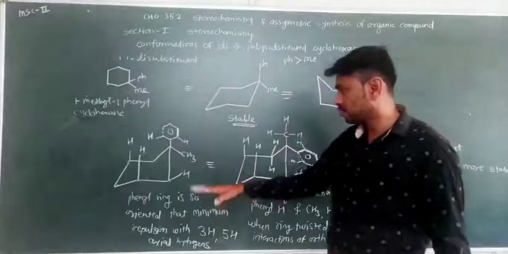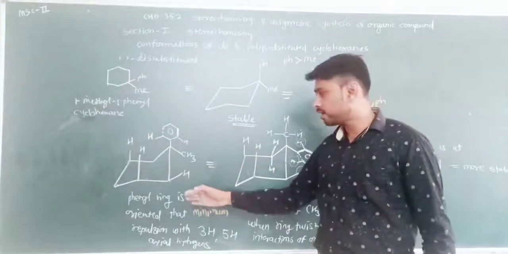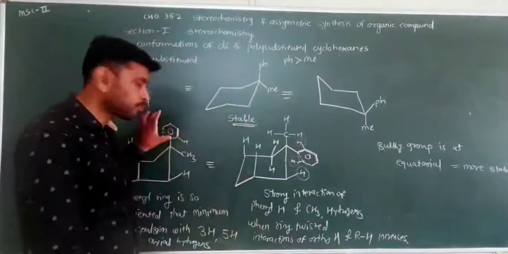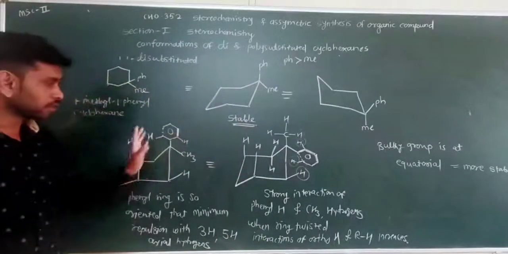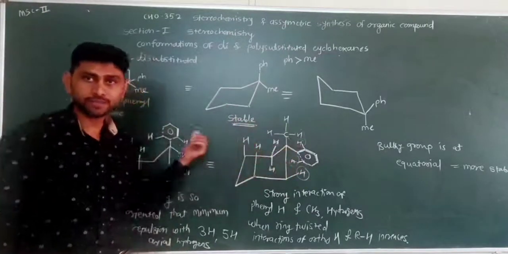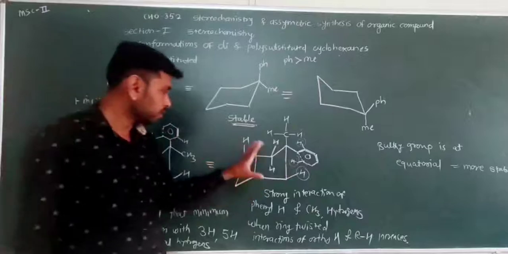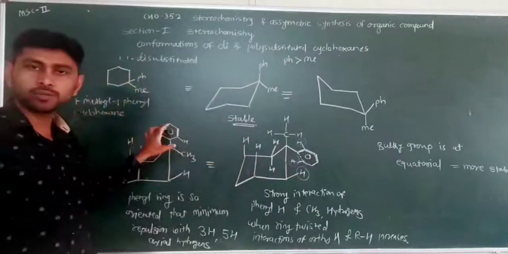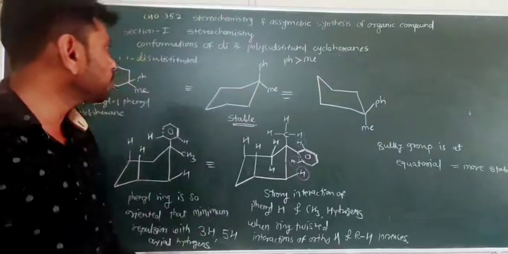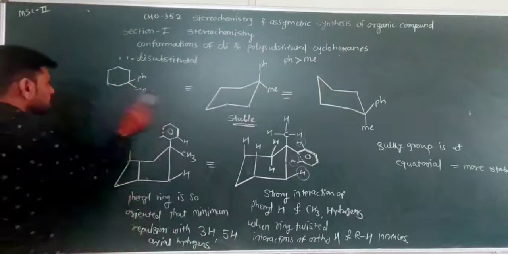The reason is that the phenyl group is so twisted and arranged in the axial position that there are minimum interactions, and if it is in the equatorial position, there will be more interaction than in the axial position. That's why the structure with the phenyl group at the axial position is preferred. Okay, so this is about 1,1 disubstituted cyclohexane.